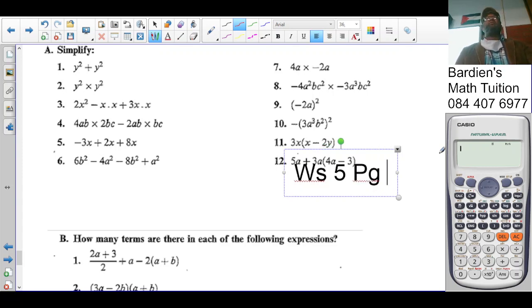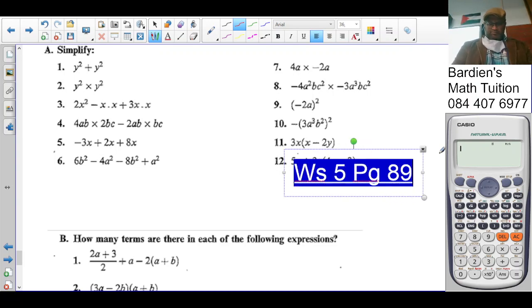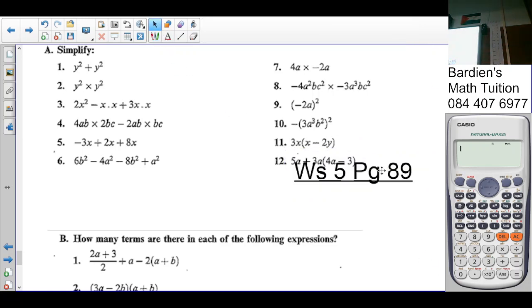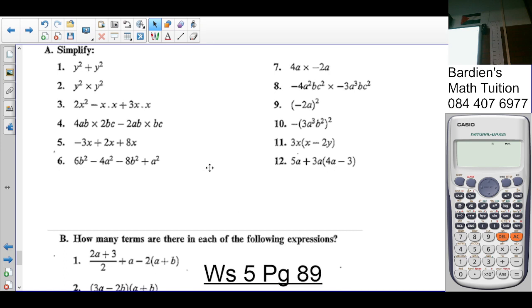Worksheet 5 is on page? Worksheet 5, yeah. On page 89. Okay, the first answer is 2y squared.